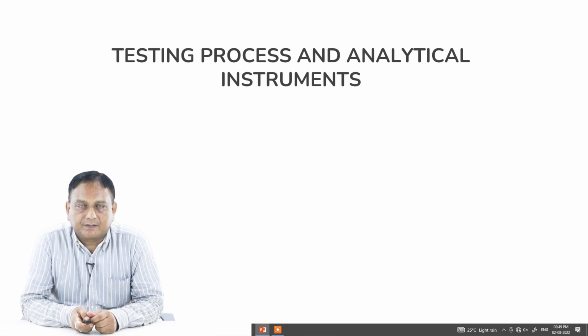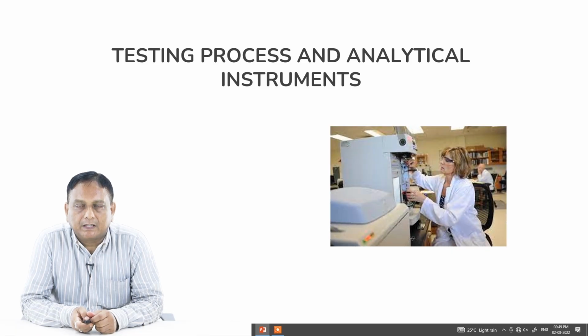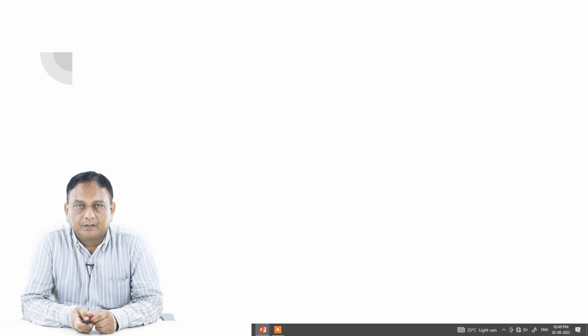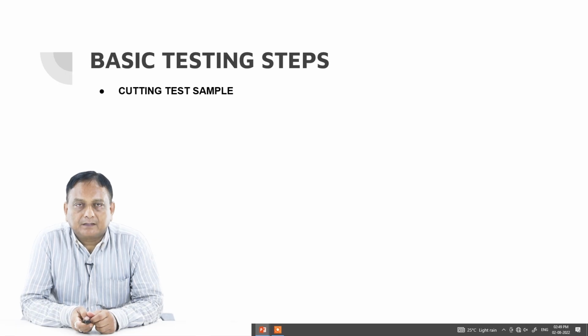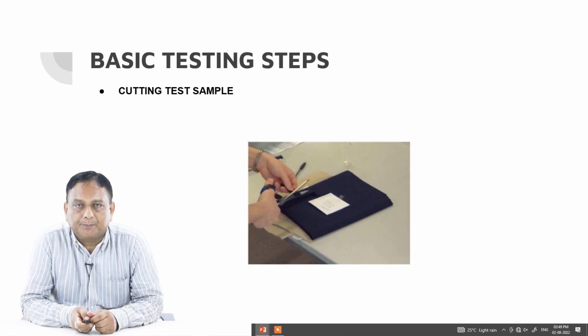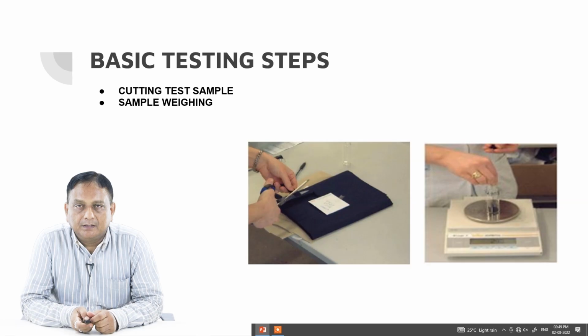Now, testing process and analytical instruments: a lot of analytical chemical equipment is used there, and the basic step in this testing is cutting of the testing sample. We have to cut the samples as per the size of that particular test. Then we have to weigh the sample. Weighing is very, very important.